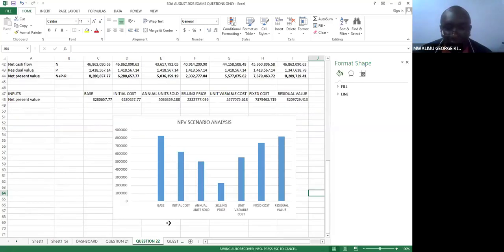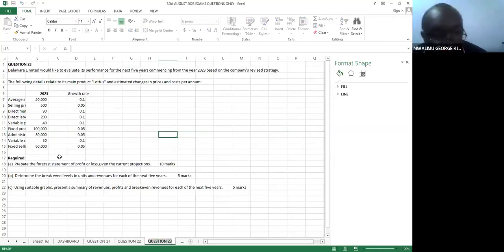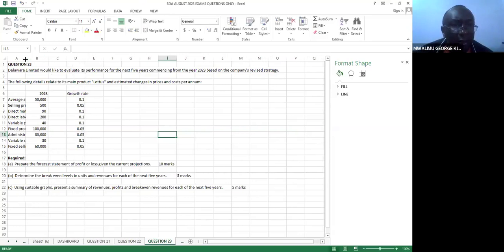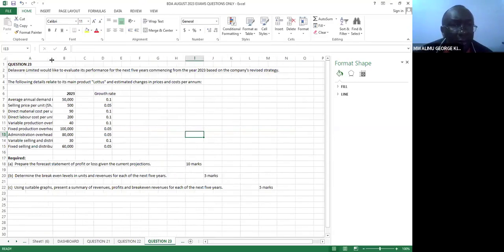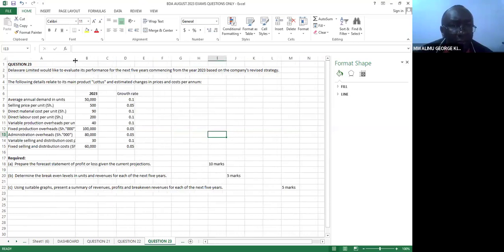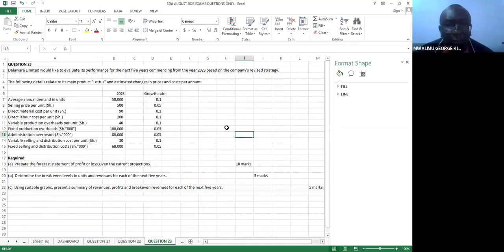So we can now quickly go to the next question, question number 23. This one is also equally simpler. Even if we don't finish drawing the graph, I will leave that to you. Okay, so it says Delaware Limited would like to evaluate its performance for the next 5 years, commencing from the year 2023, based on the company's revised strategy.